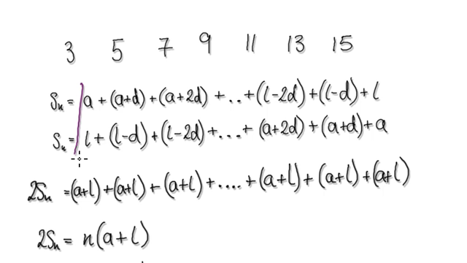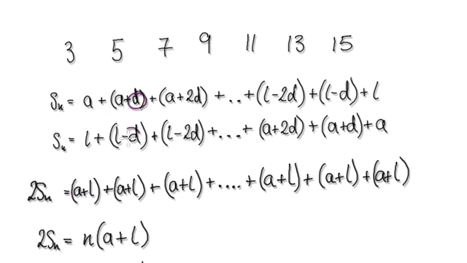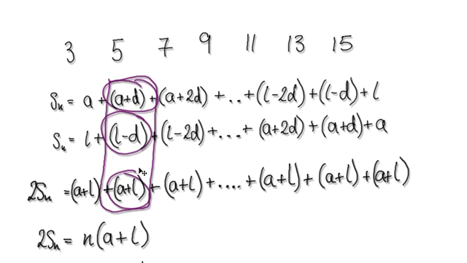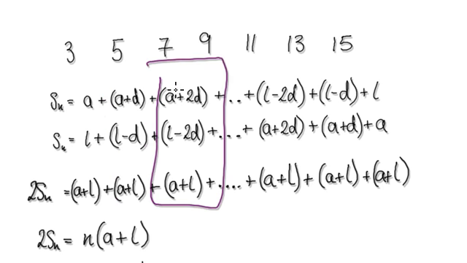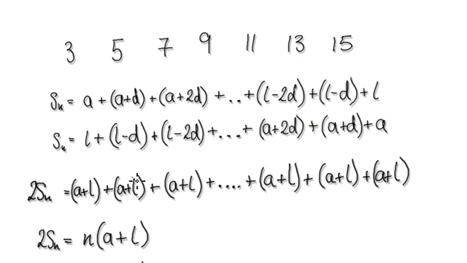Looking at the first one, this add this will give you A plus L, and then this add this, well, remember you add D and then you take away D. So if you get this add this, it will then give you this. And then look at the third term, get this plus this, it will then give you this. Look at this one here, get this plus this, and so on. It's all going to be A plus L, A plus L, A plus L.